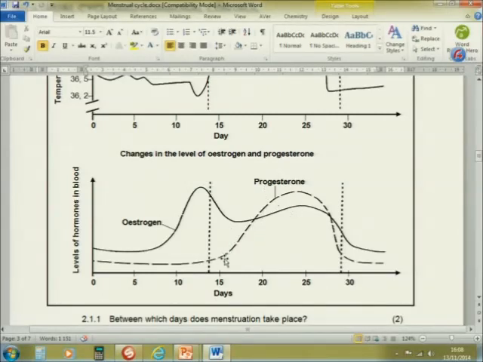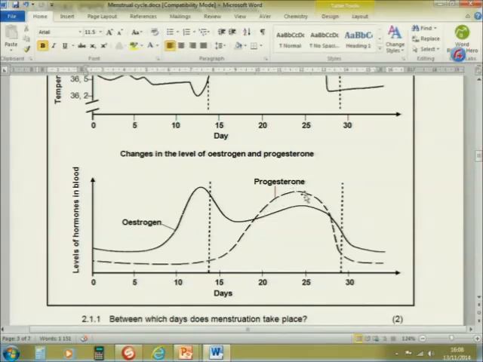That is why after day 15 it starts to increase, because the ruptured follicle develops into the corpus luteum, and as the corpus luteum develops, it increases the amount of progesterone secreted. Progesterone will increase up to a certain level.